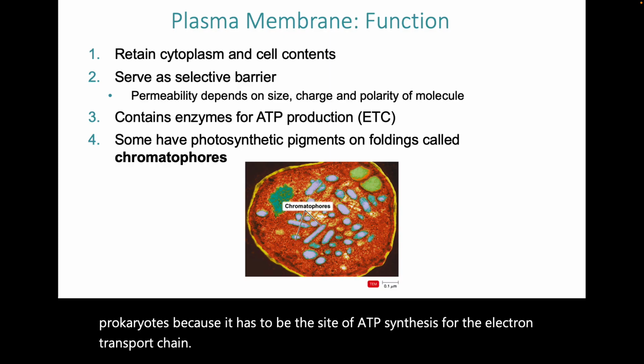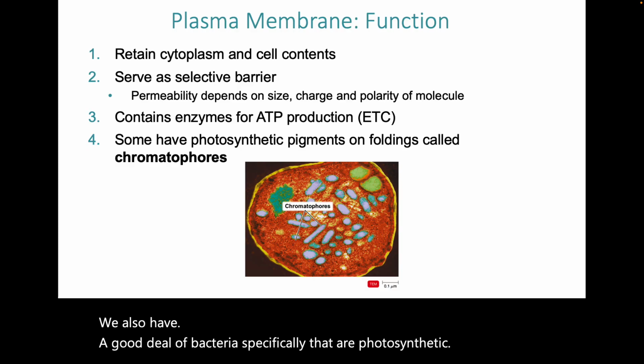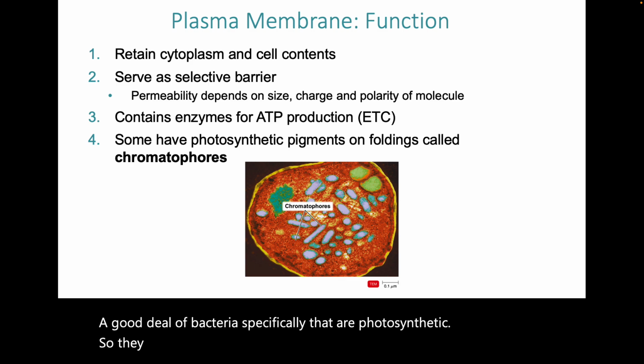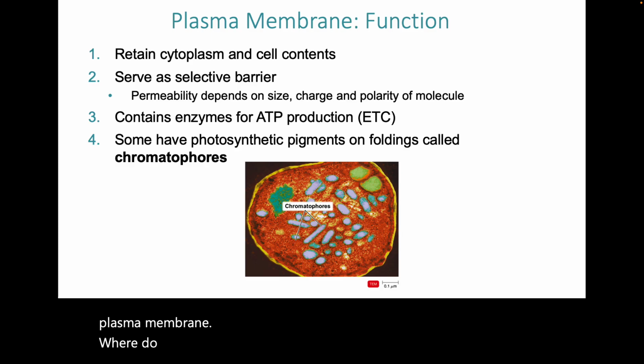We also have a good deal of bacteria specifically that are photosynthetic. So they keep the pigments necessary for photosynthesis also in their plasma membrane. Where do eukaryotes keep those? Not the mitochondria, but very similar in structure anyway.